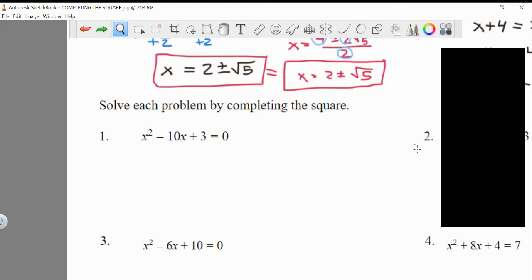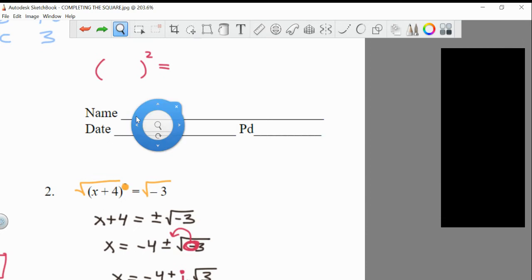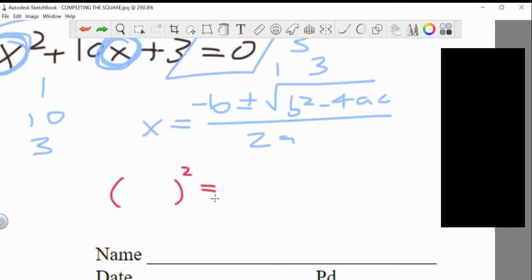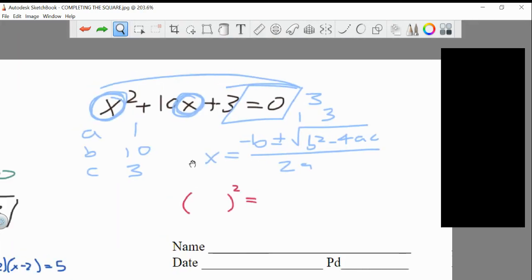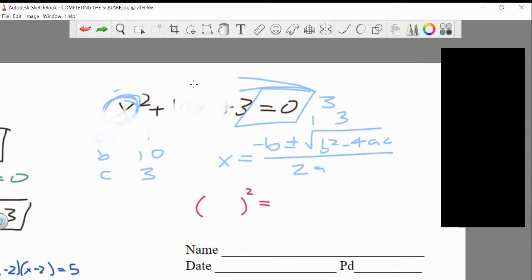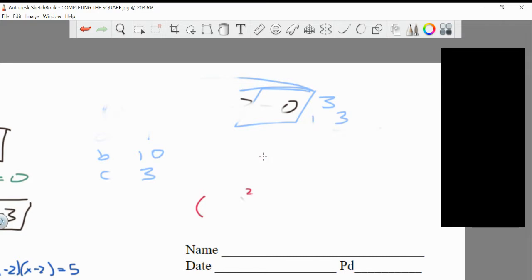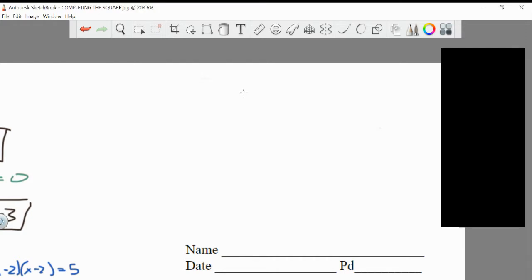The first thing we need to do is analyze what happens when you have squared factors in general, okay? So let me make some room up here. And let's do a little study, okay?